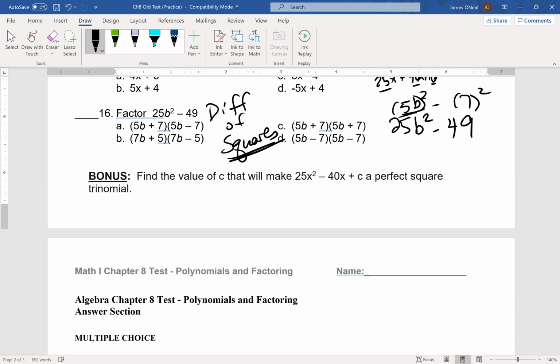The difference of squares. So this factors into 5b plus 7 times 5b minus 7, which is A.